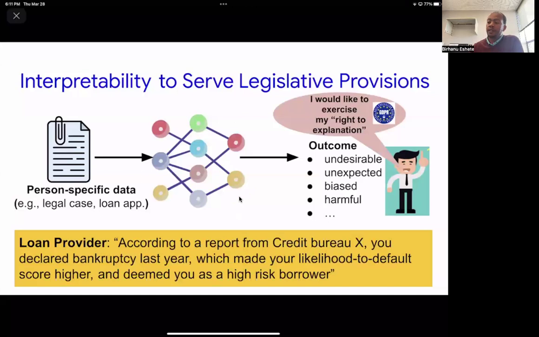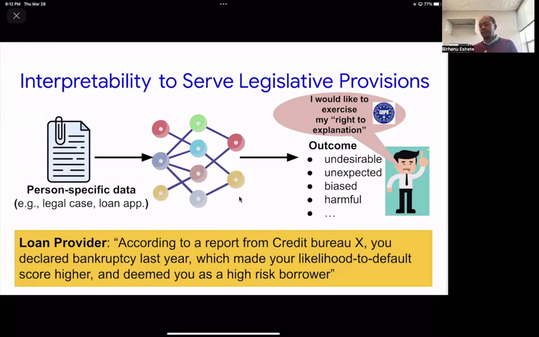Therefore, if we pick the loan provider in this case, the loan provider could say, according to a report from some credit bureau X in the context of the United States, for instance, you declared bankruptcy last year, which made your likelihood to default score higher and deemed you a high-risk borrower, right?